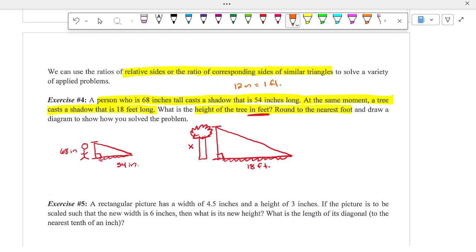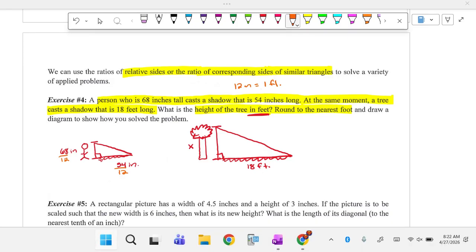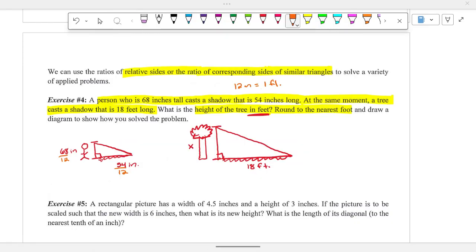Yeah, so in other words, you divide by 12. So we're going to divide 68 by 12 and 54 by 12, and they're not going to be pretty numbers. So in reality, I'm just going to leave them as fractions.